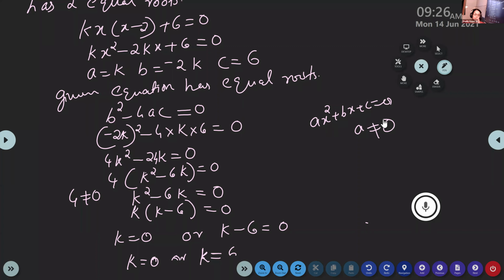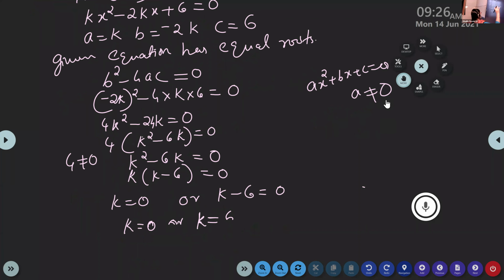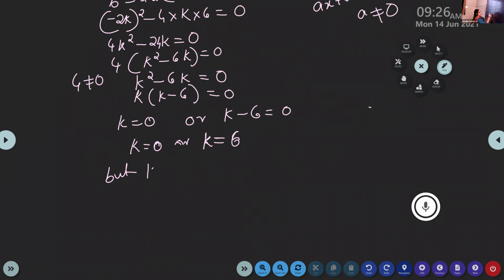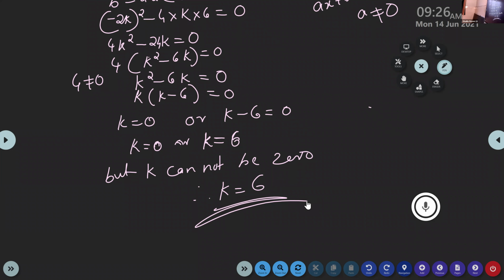K can't be 0. So the answer is k equal to 0 or 6, but k cannot be 0. Therefore, value of k is 6 only.